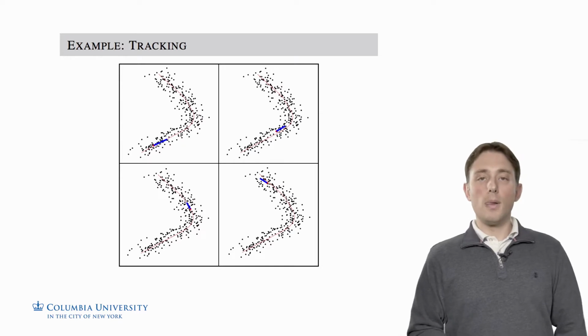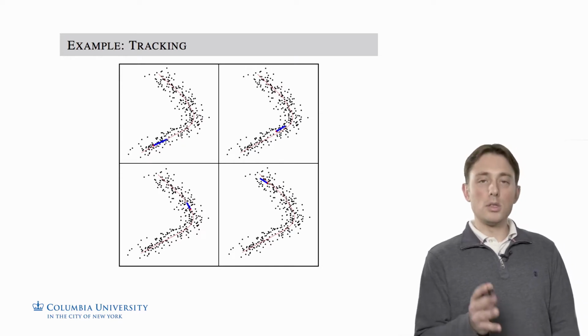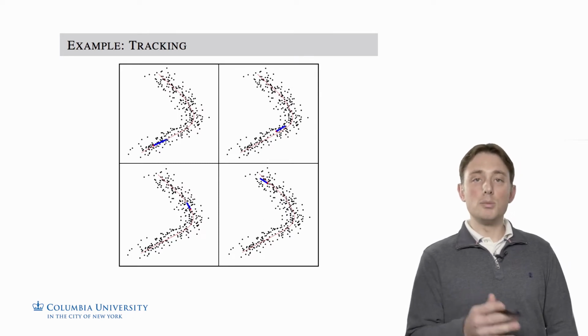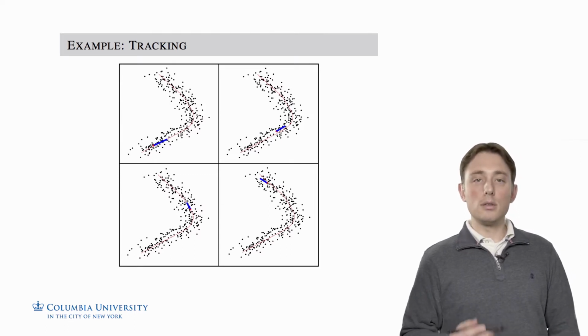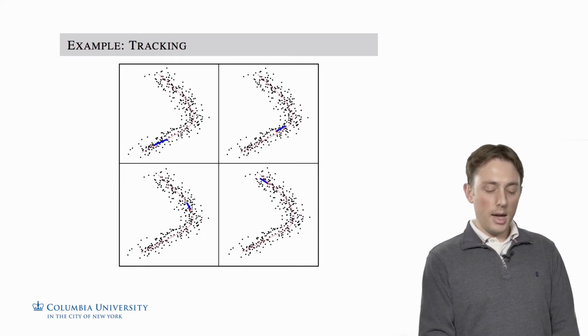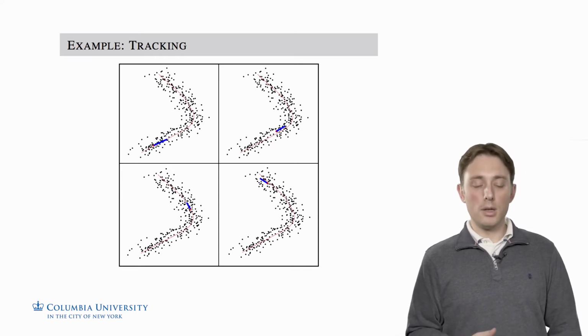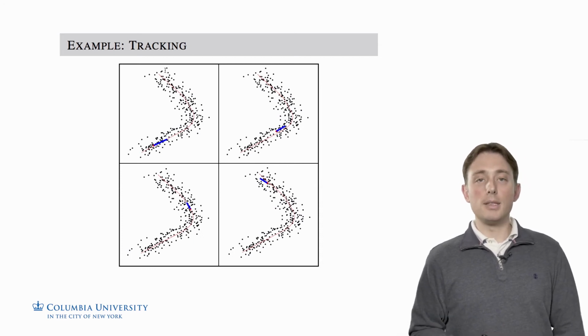So the speed actually is the length of the arrow, and the direction of the arrow is the direction the object is estimated as moving at that time point. So we can see that as a function of time, what we're learning with this tracking model is both the location and the direction and speed of the movement of the object as a function of time based only on these black dot measurements.